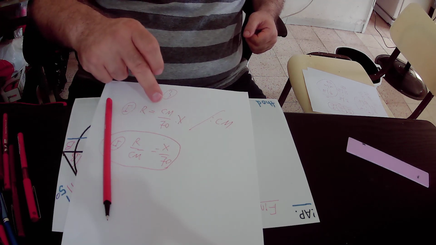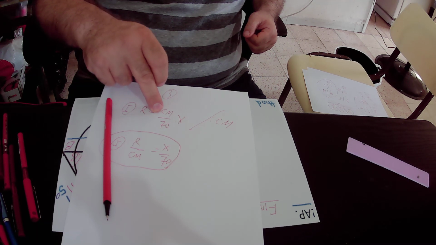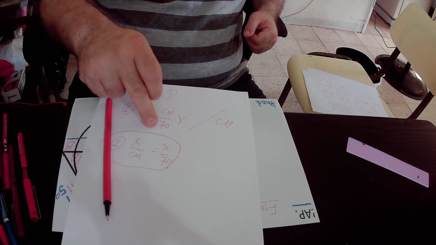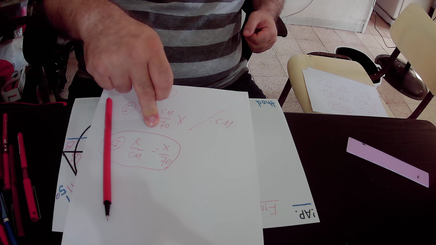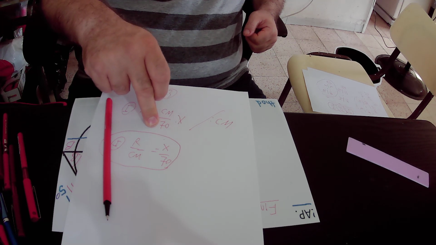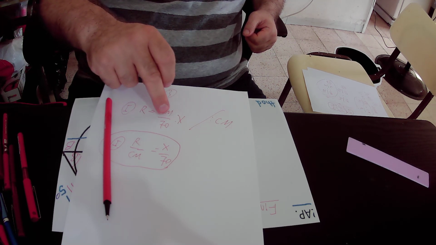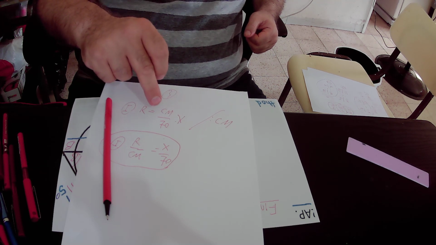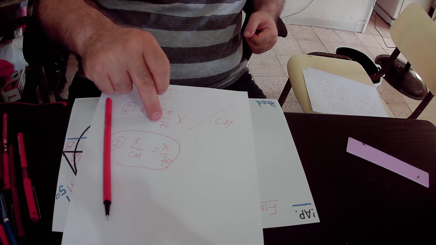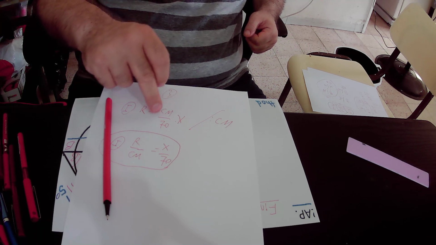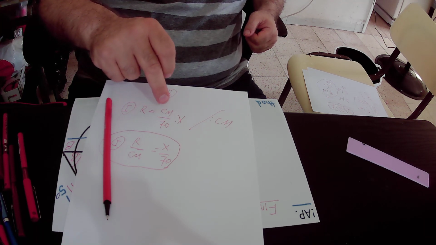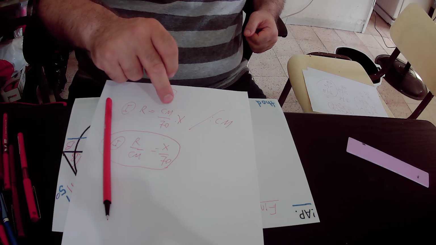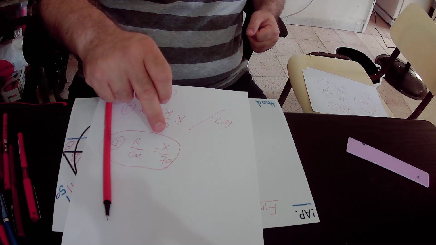Again, we have CM in the numerator and CM in the denominator, so we can cancel CM from this expression, and what is left is x over CM.